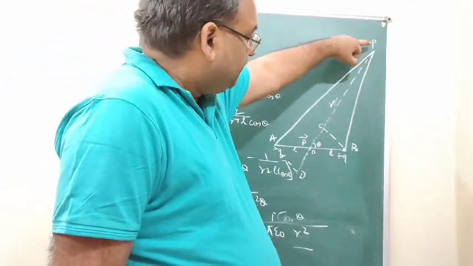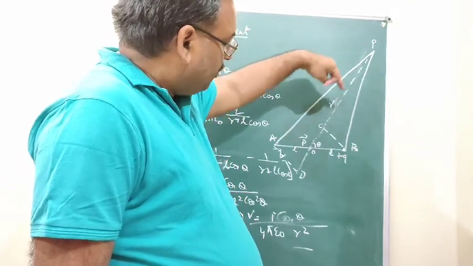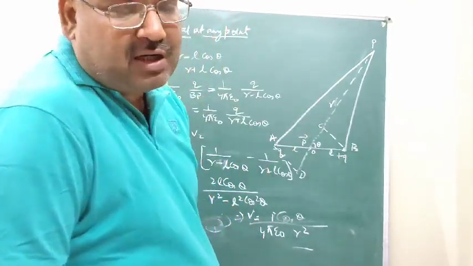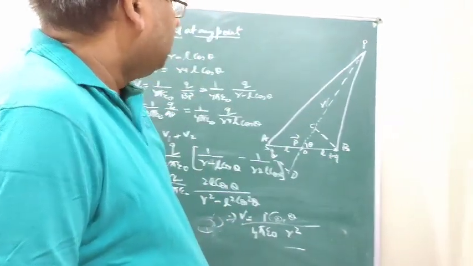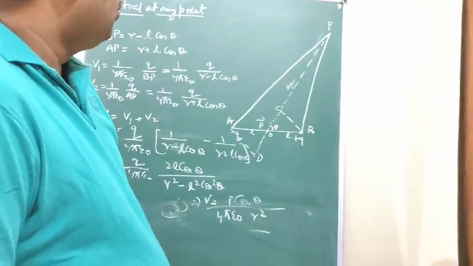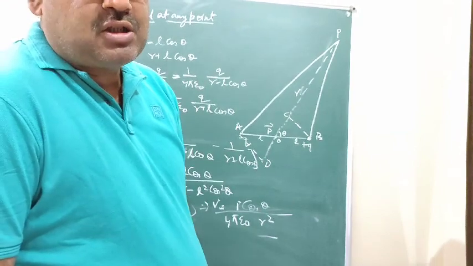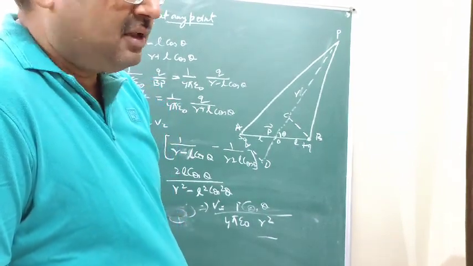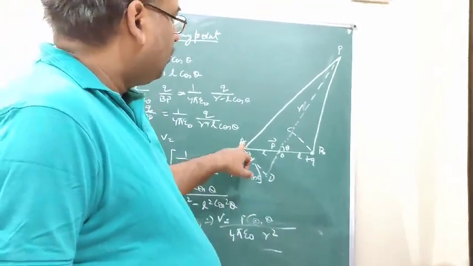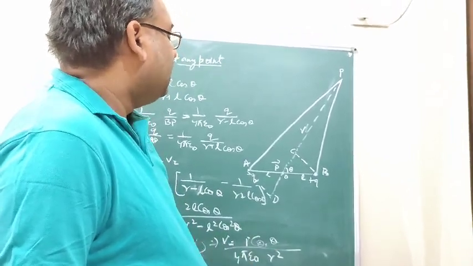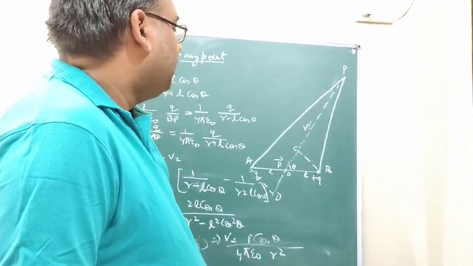Similarly, AP will be equal to DP, which will be equal to r plus L cos theta. Clear? So AP is equal to PD and BP is equal to CP.